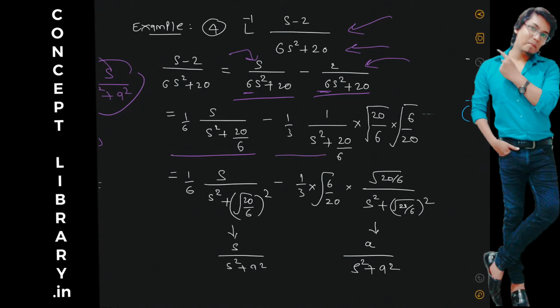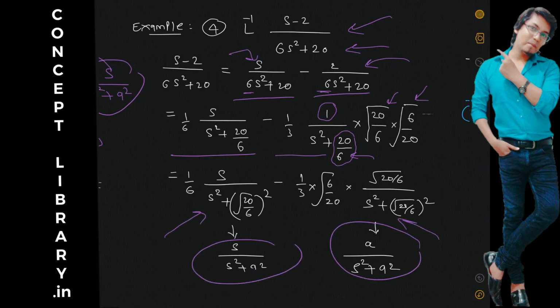You see here this is a square, 20 by 6. Here we don't have a, so I am multiplying and dividing by a. This is a square, that's why I am using the square root. So I got this form, and this I got this form. The answer I'm not writing because I'm just trying to give the idea.